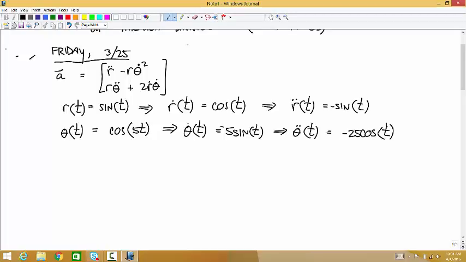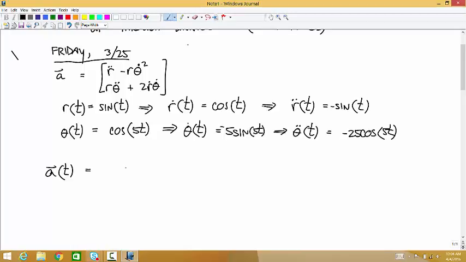And then all you're going to do now is plug these functions into the acceleration function. Does anything funny happen with that theta dot squared? No.